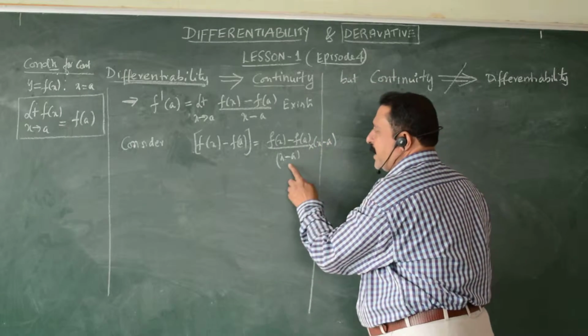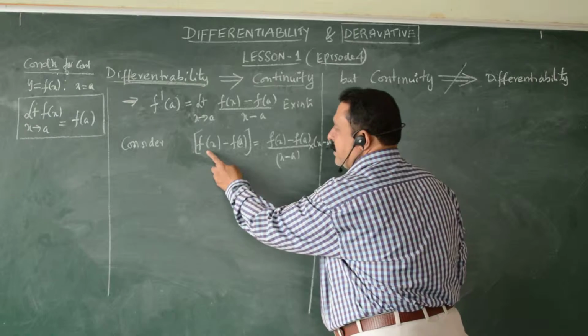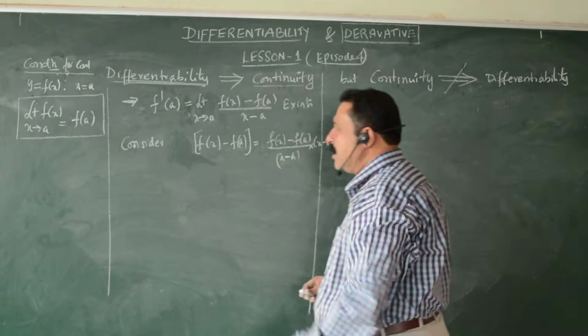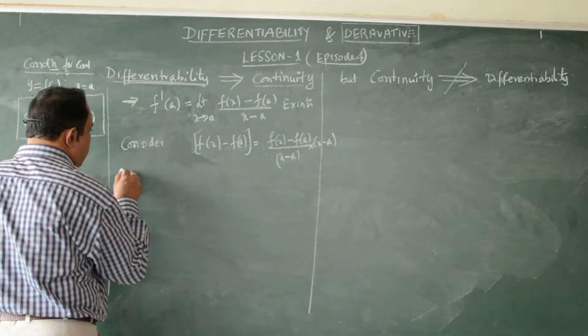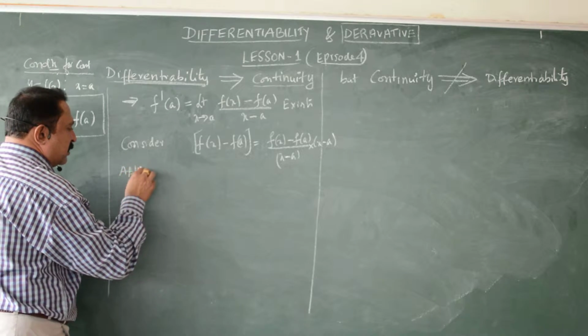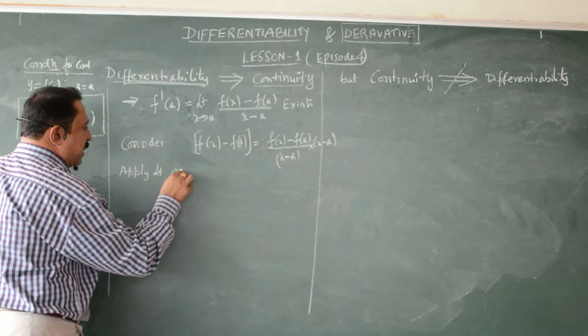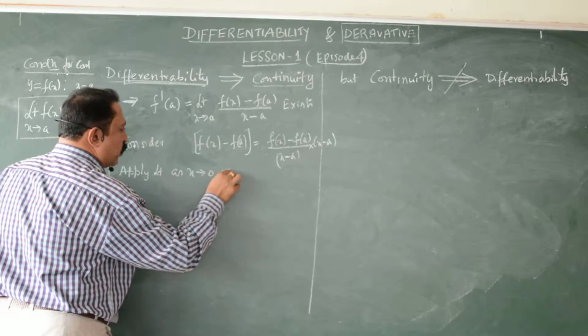So, this x minus a cancels, and we get the LHS, which is the same as the RHS. Now, I will apply the limit as x tends to a on both sides.